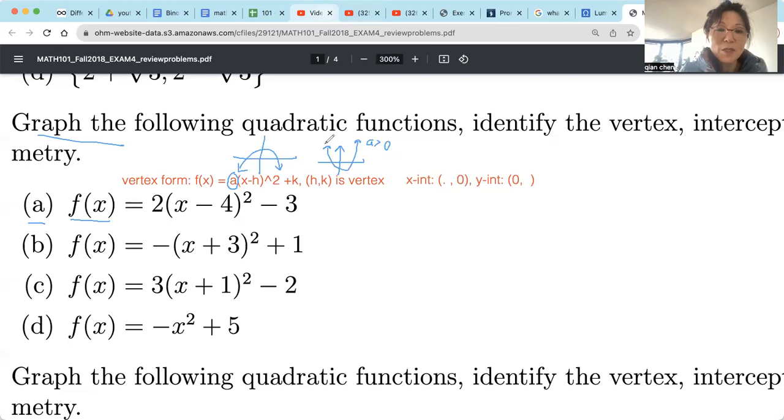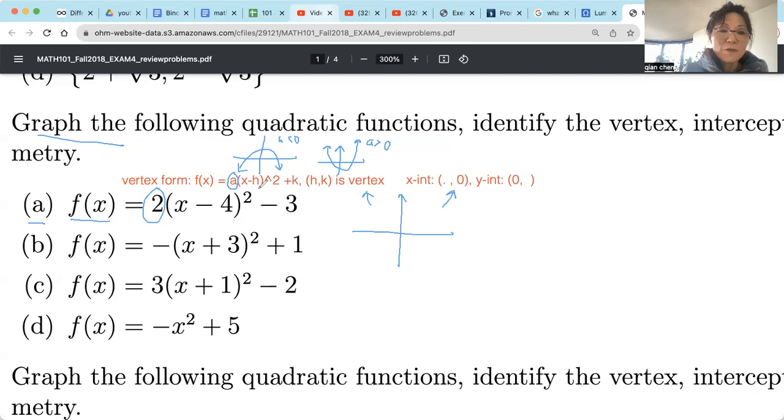If it is positive, we get an upward parabola, so 2 arms up. If A is negative, the parabola goes down, like 2 arms down. So in A, we see the leading coefficient A is positive, so for the first one, we get an upward parabola.